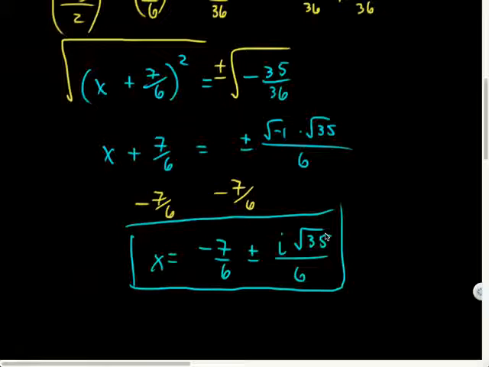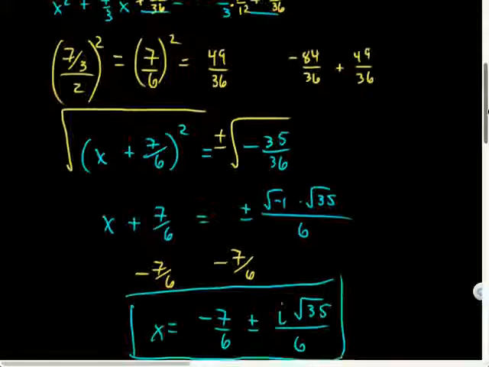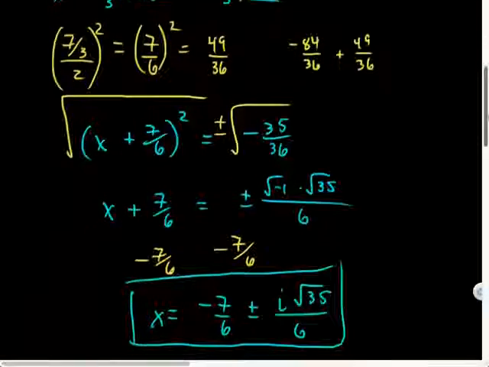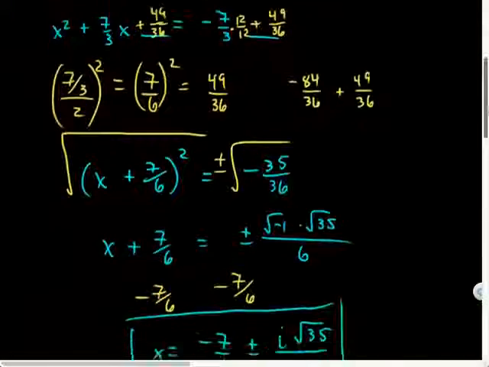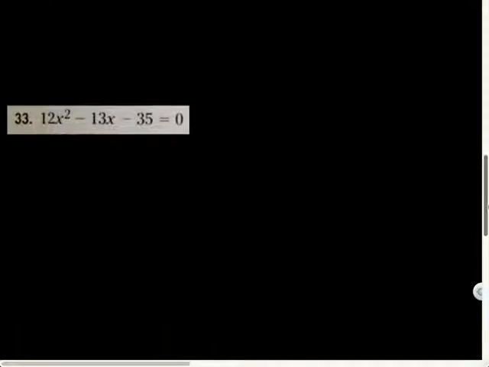How wonderful. A fantastical universe where quadratics have imaginary x-intercepts. So there's problem 29. Key, once again, is you have to get rid of the a before you complete the square. Let's see, next problem.